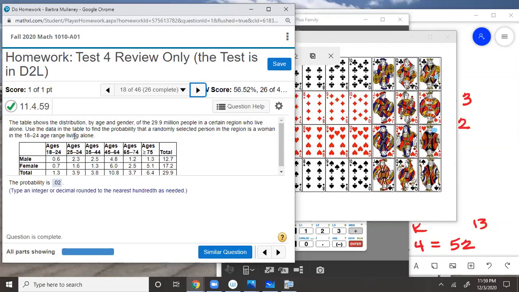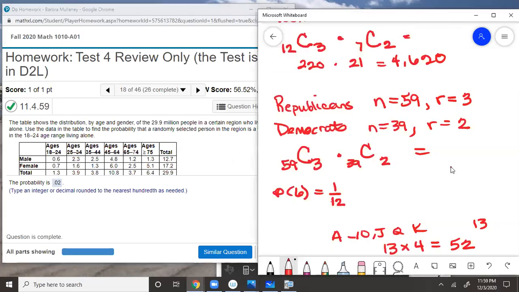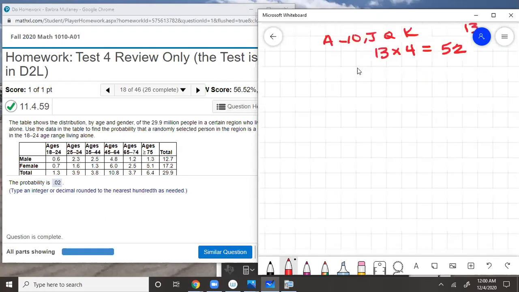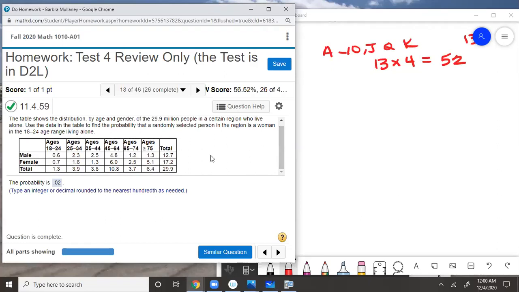All right, number 18. The table shows the distribution by age and gender of the 29.9 million people in a certain region who live alone. Use the data in the table to find the probability that a randomly selected person in the region is a woman in the 18 to 24 age range living alone. So let's take a look. Now, probability always deals with the number of successes divided by the number of total possible outcomes. So in our table, we really need to know what our total is, because probability always involves our totals.